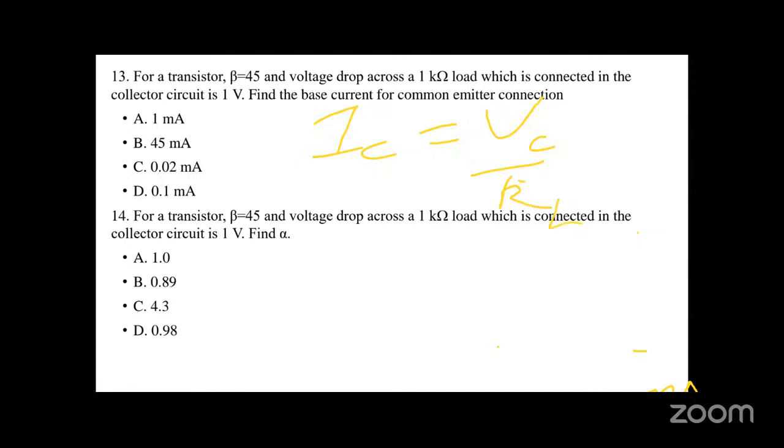RL is the resistor at the collector section. So this is 1 over 1 kilo ohm, and that will give us 1 milliamp. So IC is equal to 1 milliamp.